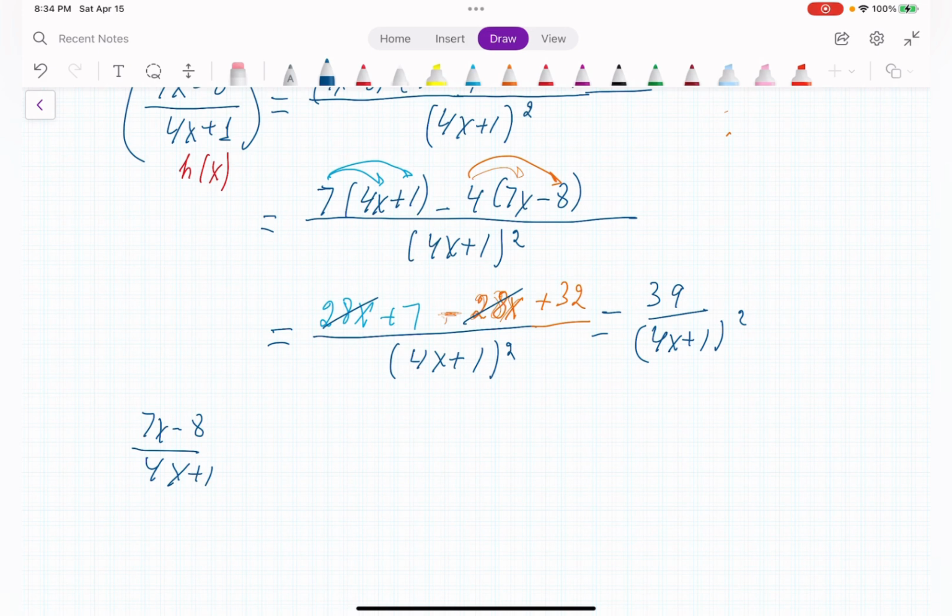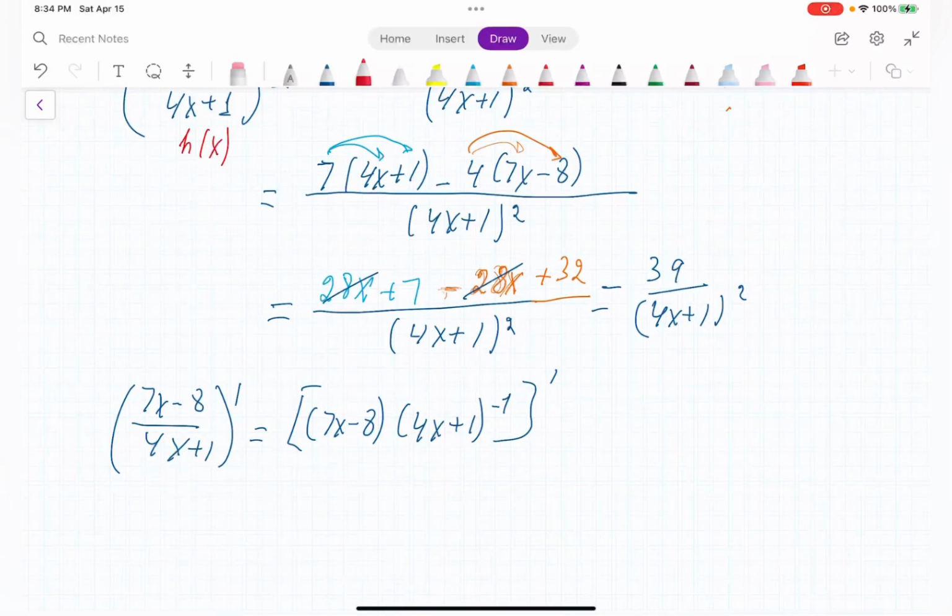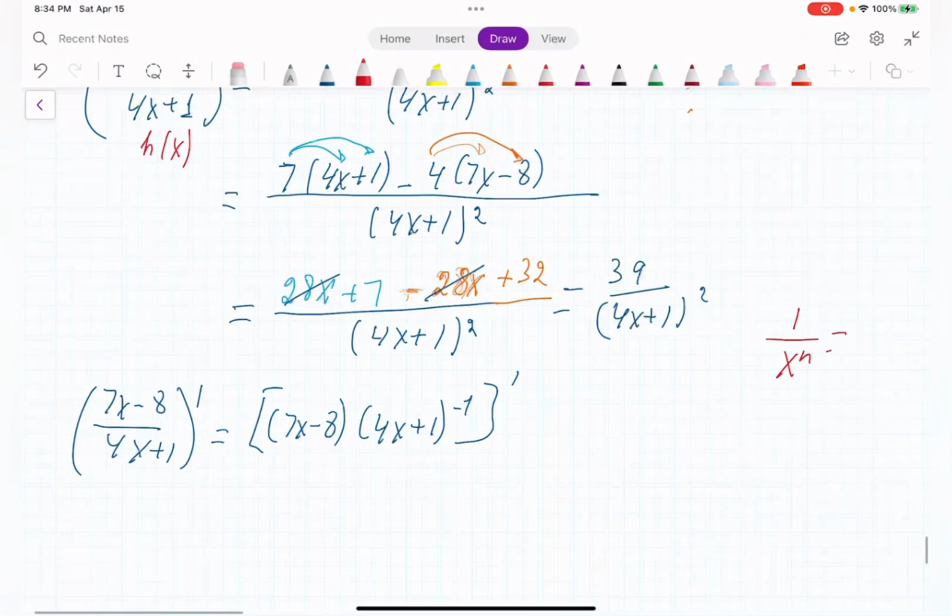I'm going to rewrite this derivative in the form of a product: 7x minus 8 times 4x plus 1 to the power negative 1. And take the derivative, because remember what I said: 1 over x to the power n is equal to x to the power negative n.